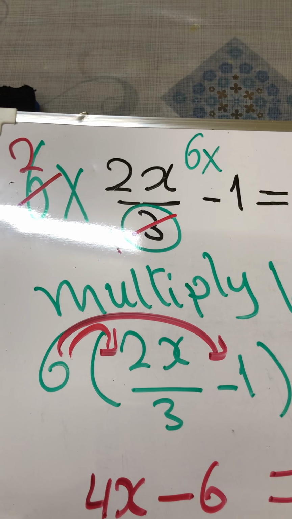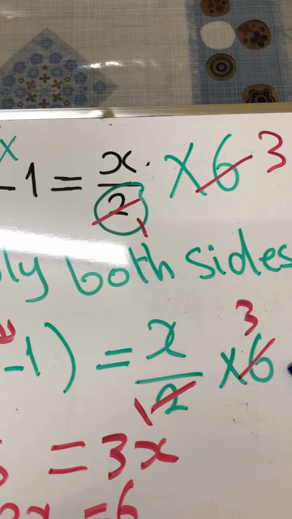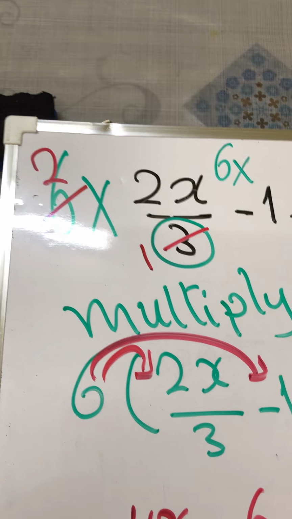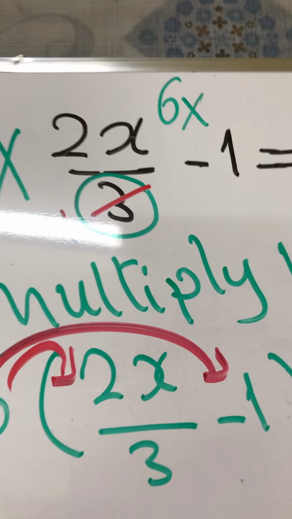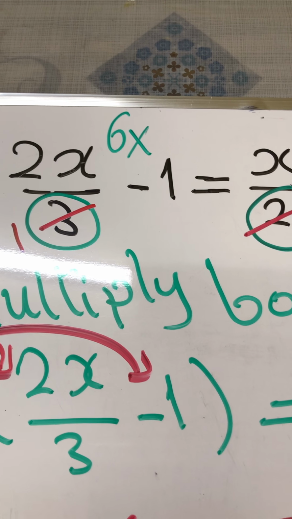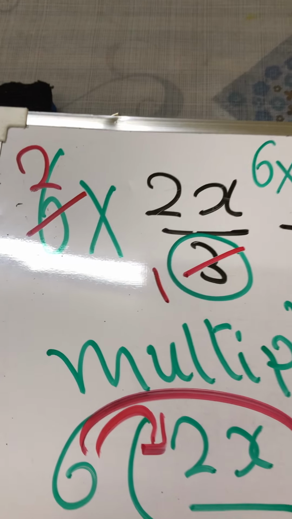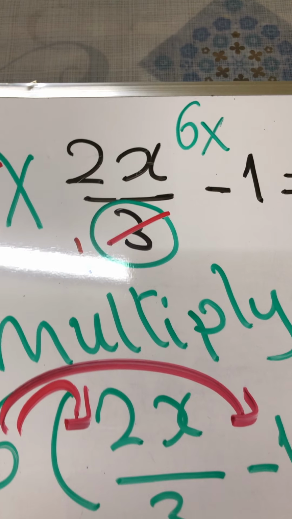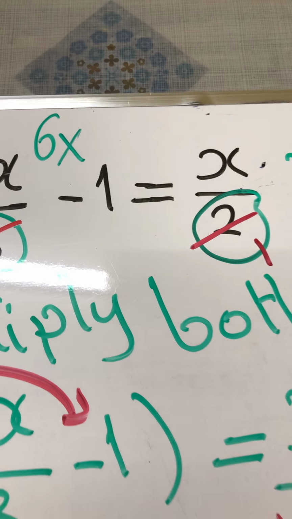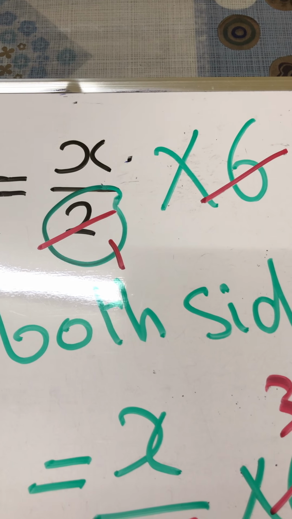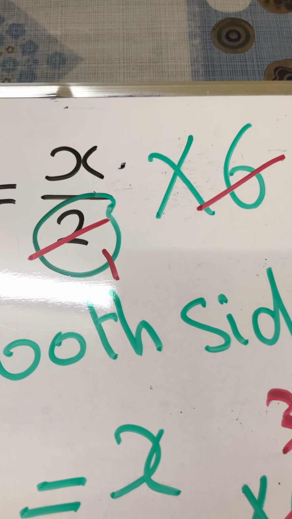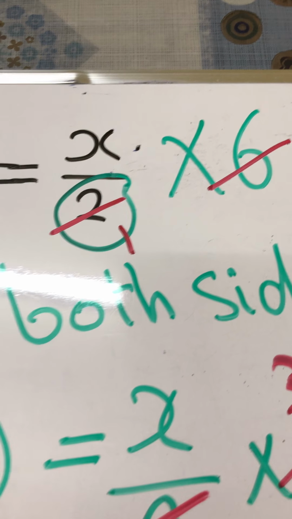If I have an equation with fractions, I'll multiply both sides by the lowest common denominator to clear the denominator. Here I have denominator 3 and denominator 2, so the product of 2 times 3 equals 6. I multiply 6 by the first term, 2x over 3, and by the second term, negative 1, and on the other side, x over 2 multiplied by 6.